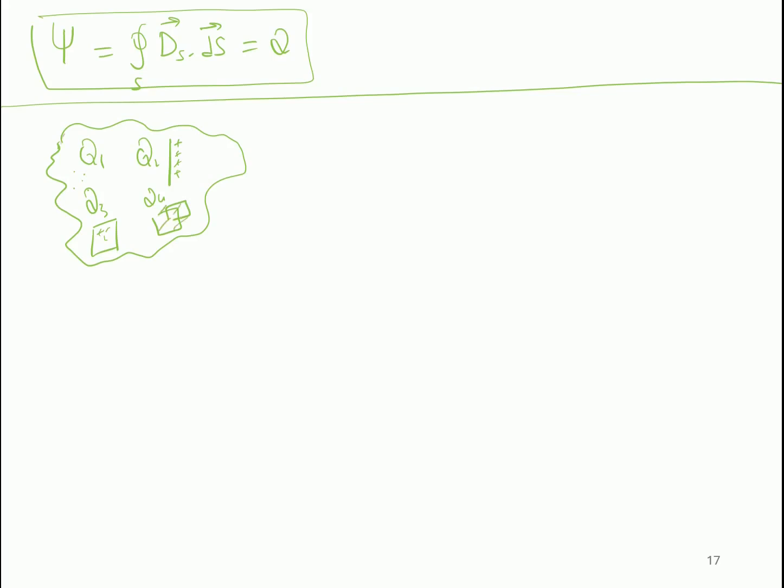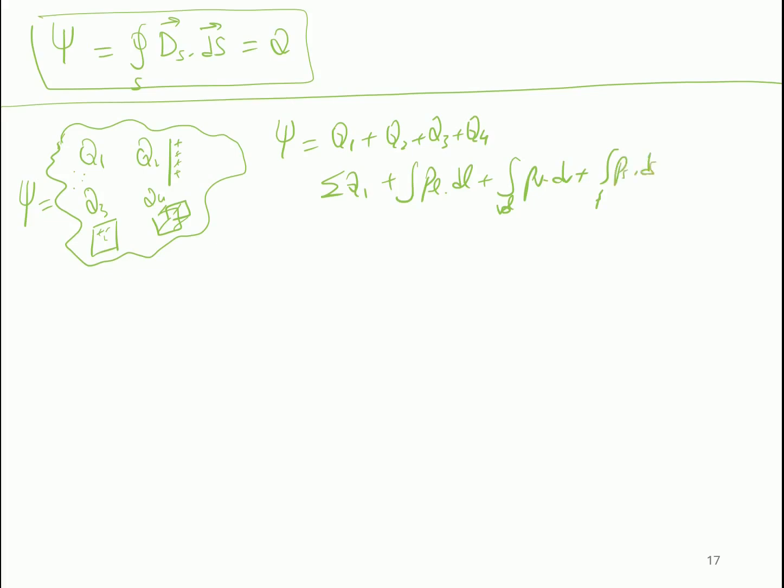So how can we find the total electric flux of this? Obviously we can use the law of superposition principle, which means we can add all the charges inside this imaginary Gaussian surface, where we know that q1 is the sum of the point charges, q2 is the sum of the line charges, q3 is the volume charges, and q4 is the surface charges, rho of s, d of s. Let's say it's a closed surface. Okay, so this is how we can find the sum of all the charges.